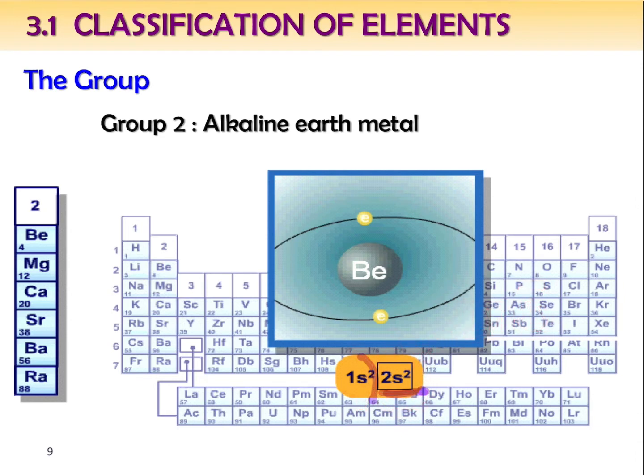Since it is in the s orbital, it is in the s block. The valence electron shows that this element is in the s block and it also has 2 valence electrons, so it belongs to group 2. Okay, so here is beryllium.